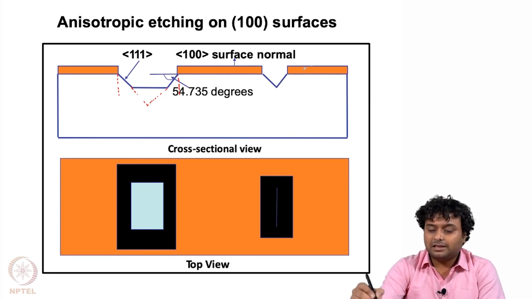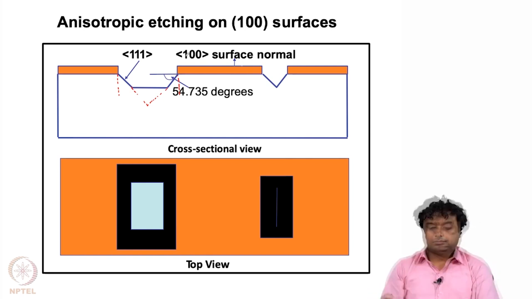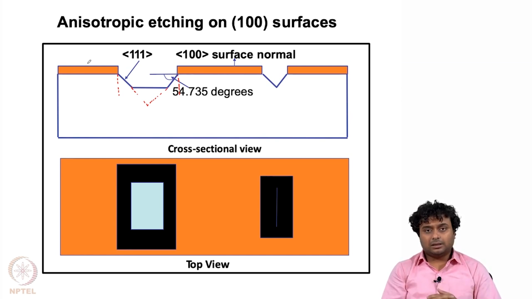And this region here is the masking layer, which will not get etched by the KOH etching. If we see it after etching under the microscope, it will look something like this, where this image corresponds to this opening, which is the cross sectional view, and this region will be the flat region where we can easily see the light reflected.